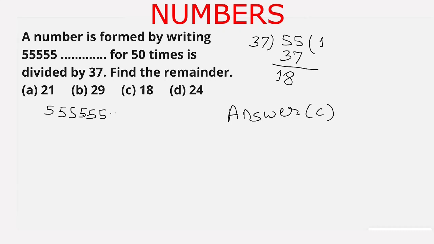Here the concept involved is, if any digit is repeated for 6 times, the number so formed is divisible by 3, 7, 11, 13 and 37, and if these numbers are made by repeating the digits in multiples of 6, that is 6 times, 12 times, 18 times, 24 times and so on, then all those numbers are divisible by 3, 7, 11, 13 and 37. We go to the next question.